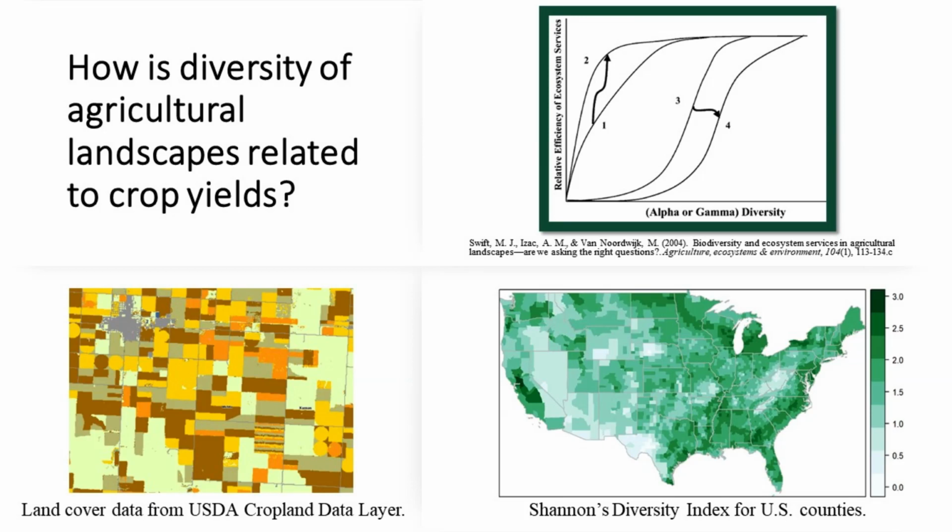Now, we built these data sets of metrics for every county in the lower 48 states from 2008 to 2018. We then related this information about county diversity in land covers to yields for corn, soybean, and winter wheat across counties in the U.S. And we did some modeling.